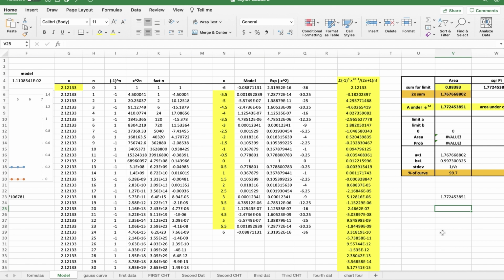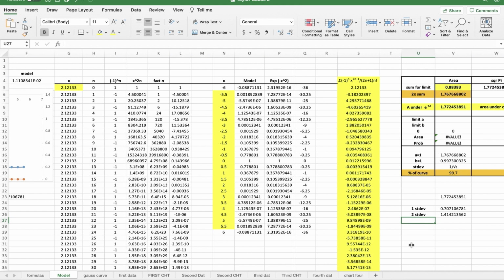So one standard deviation, okay, 1 st dev is equal to 1 over 2 to the 0.5, and that's 0.707. 2 standard deviations, st dev, is 2 times that, so equals 2 times 0.707, and that is 1.414.